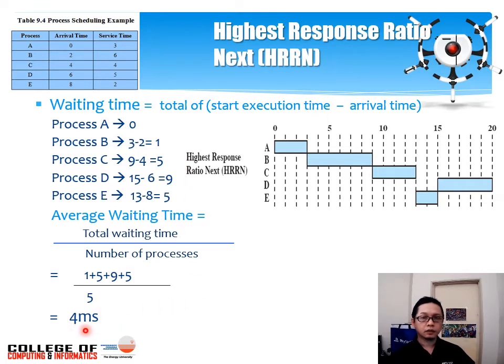So we will get the 4 millisecond value. So between HRRN, highest response ratio next, the shortest process next, and first come first serve, we see that HRRN performs slightly better than first come first serve. But in comparison among the three, the shortest process next performs the best.